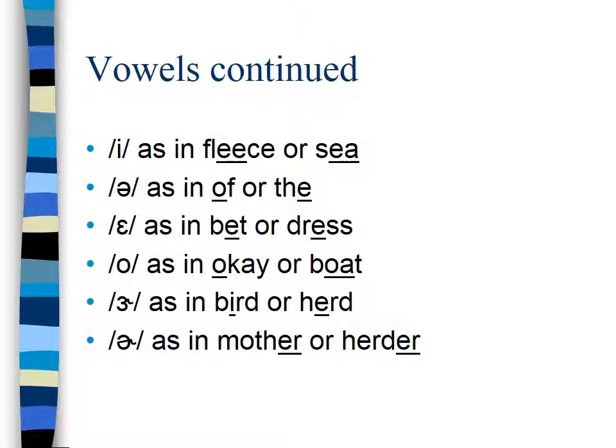And then we have the schwa, which is that upside down E with a tail. That is an unstressed vowel. So there's a difference between the two, and it communicates that stress on the vowel.